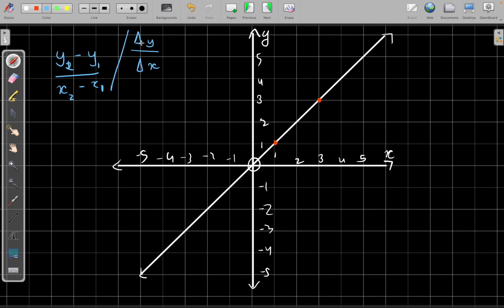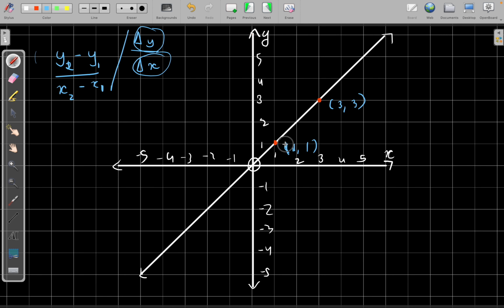This basically means the difference in y's over the difference in x's. The points you pick don't matter, so we're picking (3, 3) and (1, 1) here.